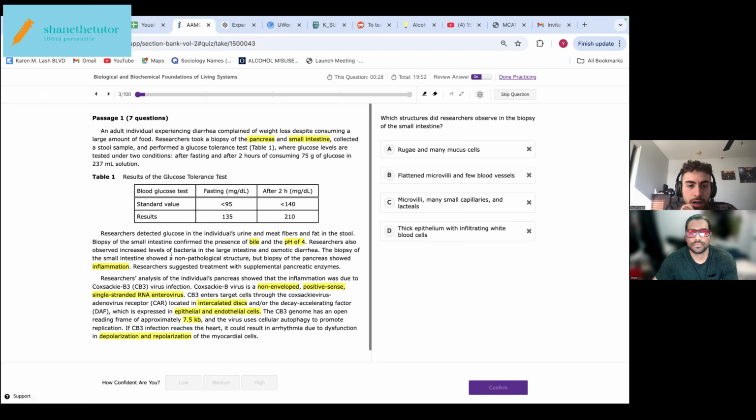The biopsy showed a non-pathological structure.